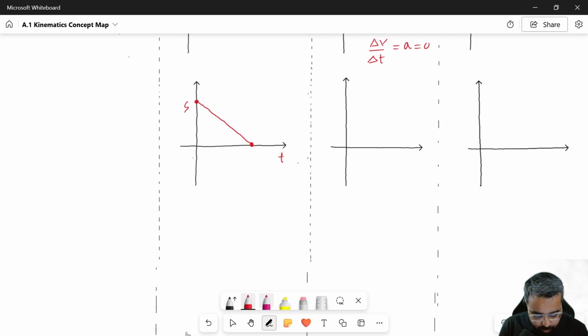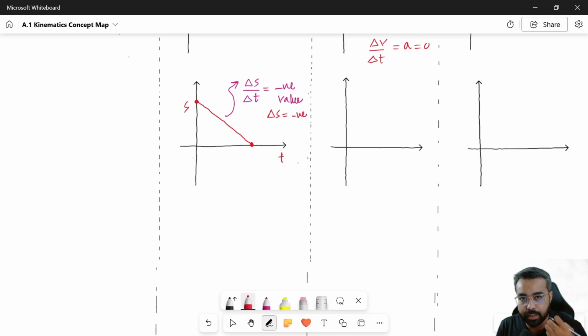In this case, velocity is negative, because if you find the slope or gradient of this line, it will always give you a negative value. Why? Because look at the change in displacement. The displacement is changing negatively. It is decreasing. The final displacement is less than the initial displacement. So in this case, dear students, we will always get a negative velocity time graph.